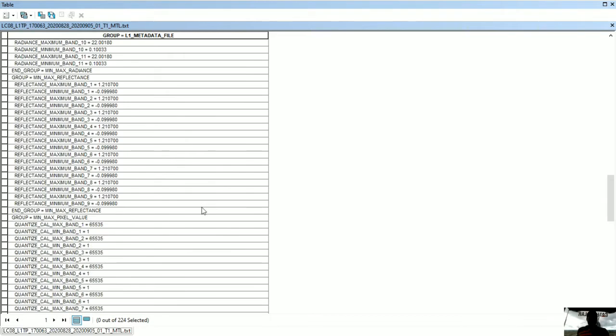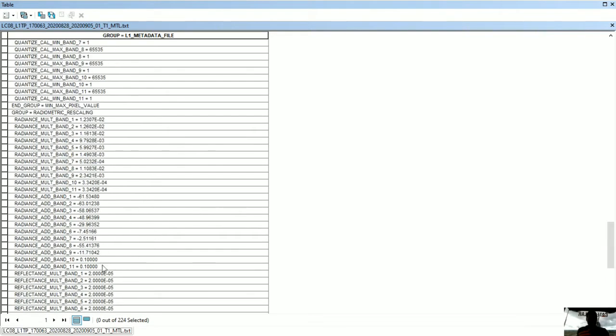Most of the information you will get from your metadata if you open it. As you can see, this is your band reflectance, and if you go here, this one is the band-specific multiplicative rescaling factor. So you have to use this data.